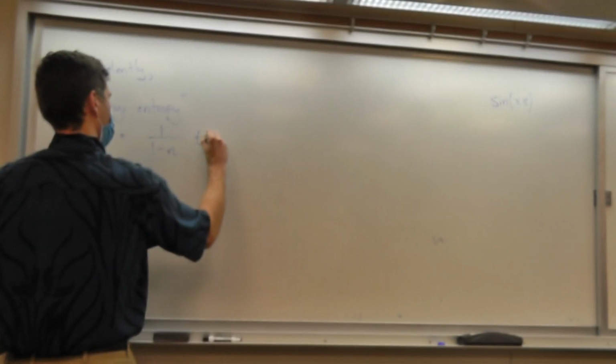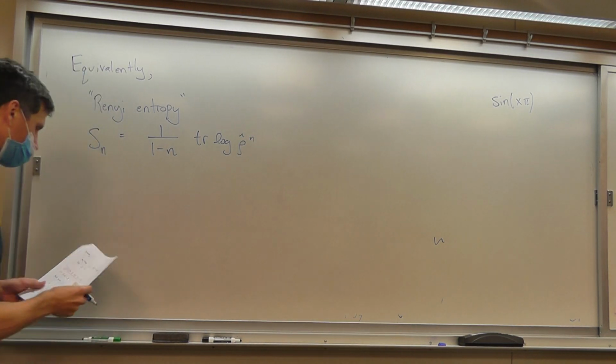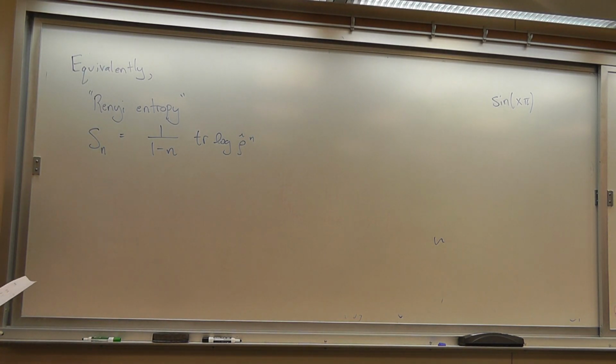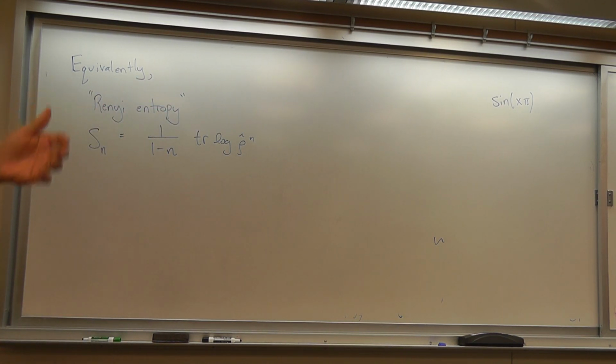So this replica calculation is often phrased in terms of what's called the Renyi entropy. The Renyi entropy is, by definition, S_n is 1 over 1 minus n log trace rho hat to the n. And so that's just a repackaging of my Z_n over there. Z_n I call the replica partition function.